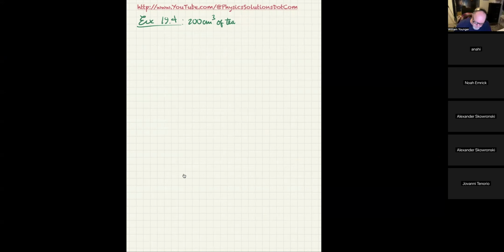And since it's essentially water, and the density of water is 1 gram per cubic centimeter, this is equivalent to 200.0 grams of H2O, and that H2O is at 95.0 degrees Celsius. Okay.